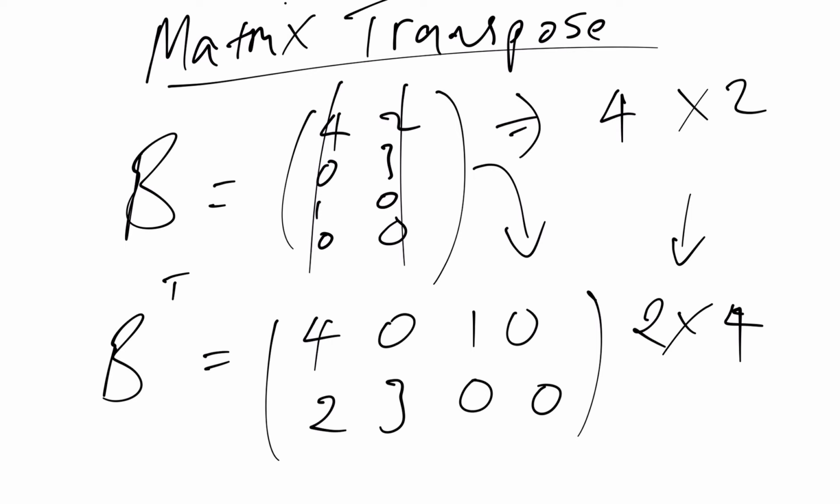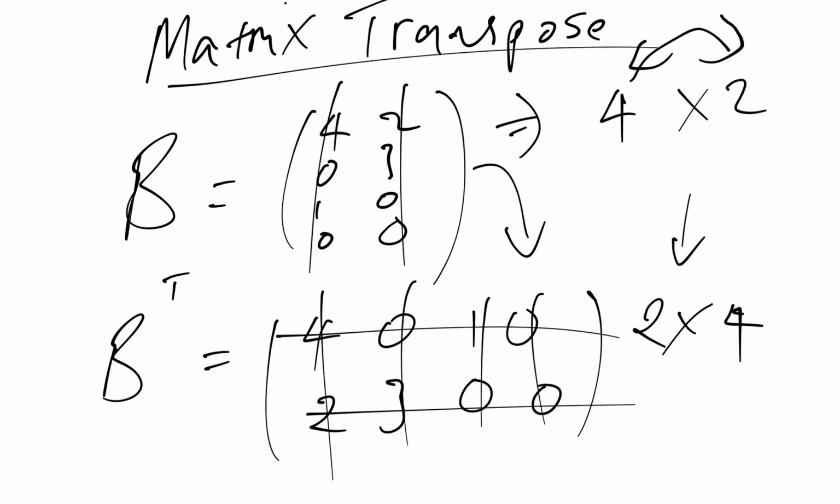That's 2 rows and 4 columns. That's one of the ways you can see that you have transposed the matrix correctly, unless the matrix is a square matrix, where the number of rows equals the number of columns. Then the order will remain the same.